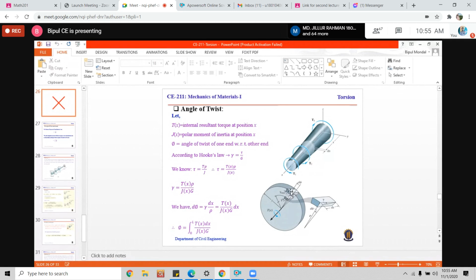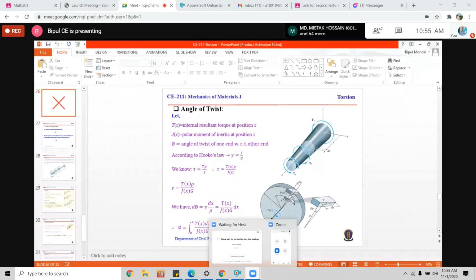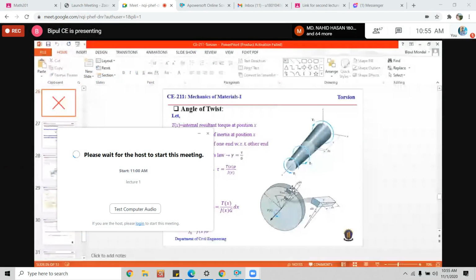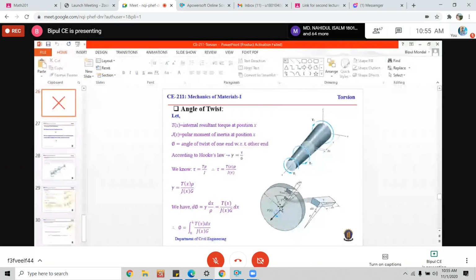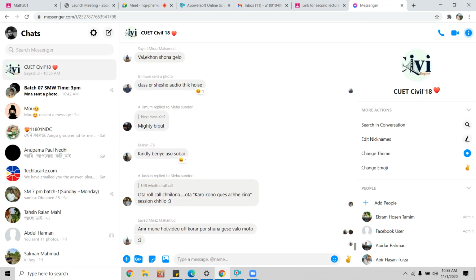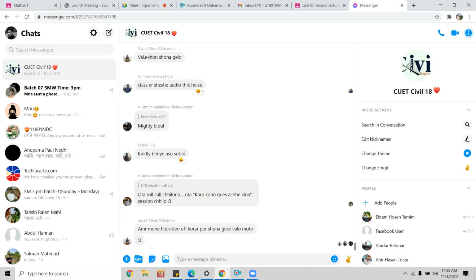Similarly, for relative rotation, we assume one surface is fixed and another is rotatable. So the relative rotation will be the total rotation of the front surface minus the total rotation of the back surface. That means we are assuming that the back surface is fixed.